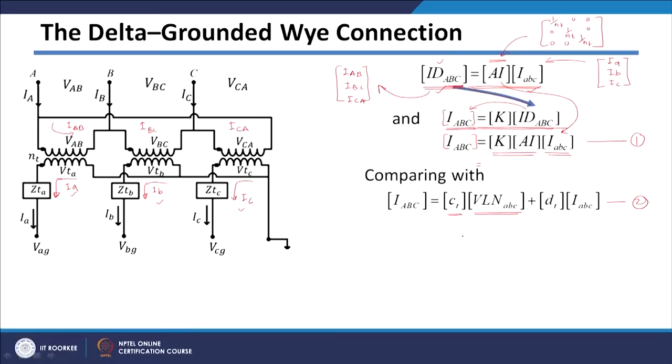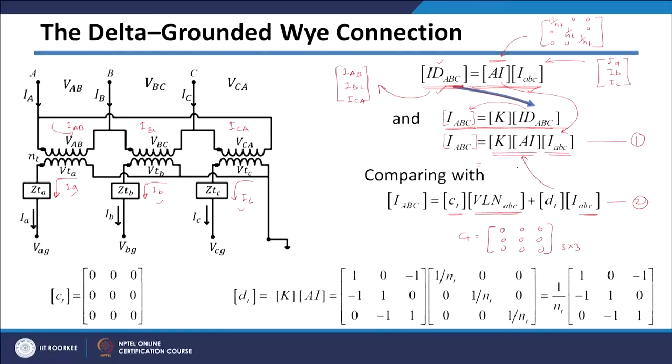That is why the CT matrix will be equal to 0, 0, 0 of 3 by 3 size, and your DT matrix is nothing but K multiplied by AI. AI is basically diagonal 1 upon NT terms. So, you can easily see that your C matrix is basically a matrix of zeros, and your DT matrix is K multiplied by AI.